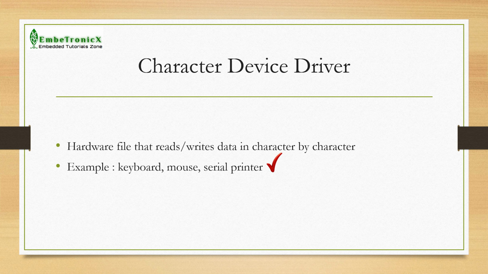Some classic examples are keyboard, mouse, serial printer. If a user uses a character device file for writing data, no other user can use the same character device file to write data, as that blocks access to another user. In this series, we will be discussing the character device driver only.